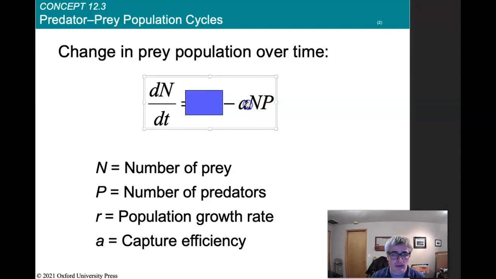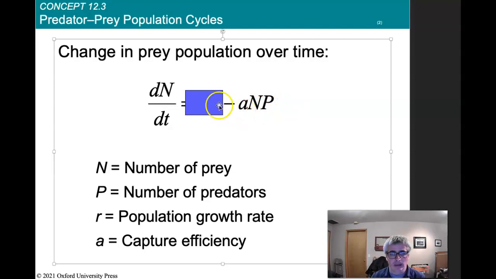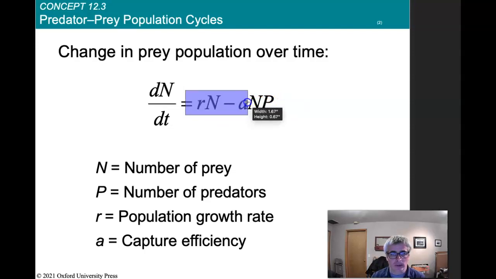Actually, we can do this right here. If we just look at N and P, all this is saying is that the likelihood that prey and predators are going to interact is related to the number of them. If you have more prey and predators, the likelihood of interaction is more common.